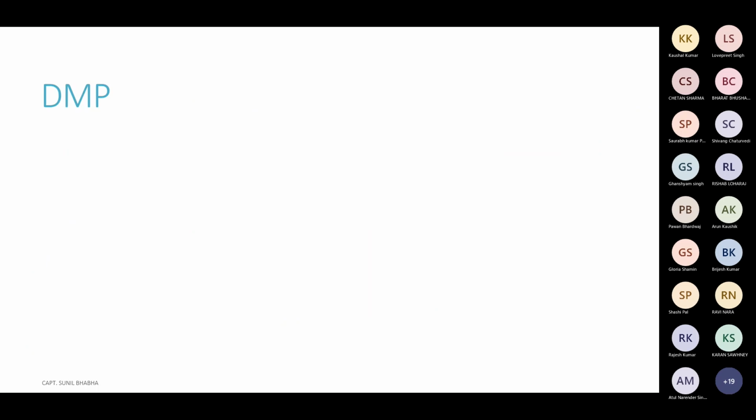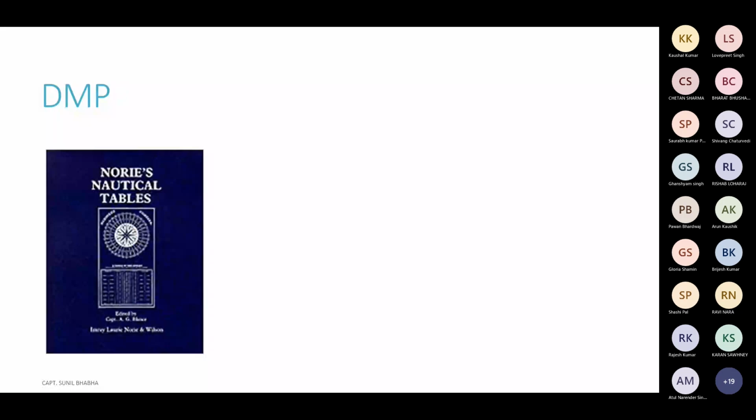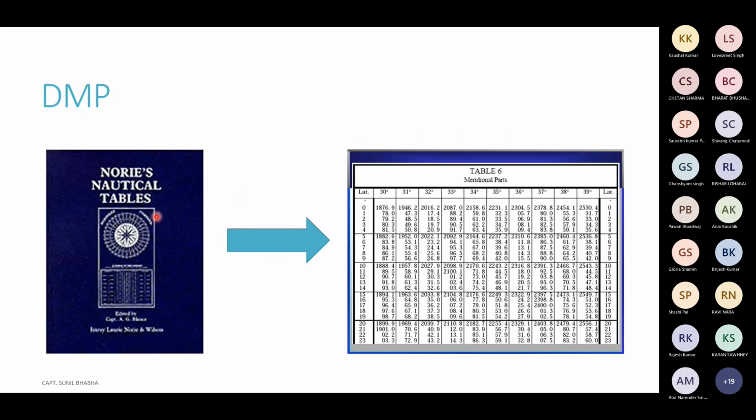The DMP or difference of meridional part is obtained from the Norie's table. We have a meridional part table mentioned in the nautical tables, and it looks something like this. You have the meridional parts. The degrees are mentioned on top here. You can see the degrees mentioned from 30 to 39, and the minutes are mentioned on the sides vertically downwards, starting from 0 minutes to 59 minutes.